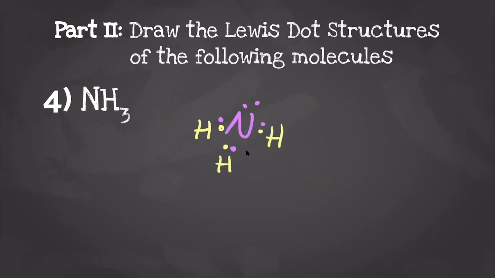And here, nitrogen is going to have 8 electrons, so it's going to be happy. And hydrogen, because its shell can only fit 2 electrons, is going to be perfectly fine. So all of these follow the octet rule.